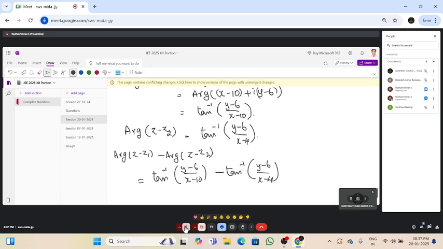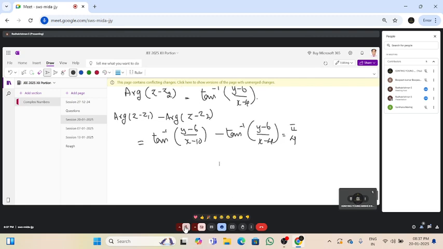Tan inverse of A minus tan inverse of B is equal to tan inverse of A minus B by 1 plus A into B. Very good. A minus B by 1 plus AB.